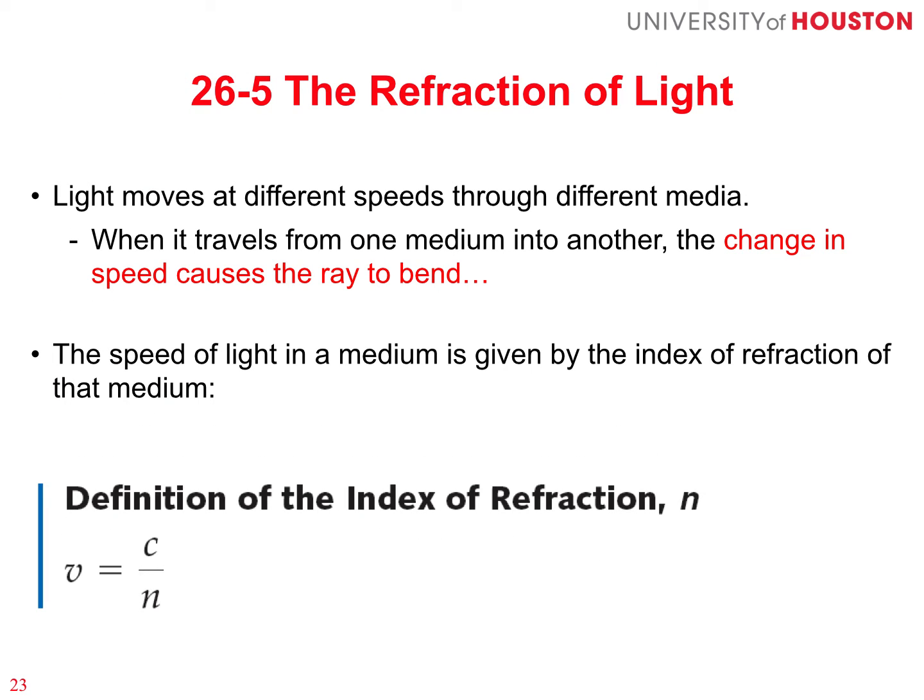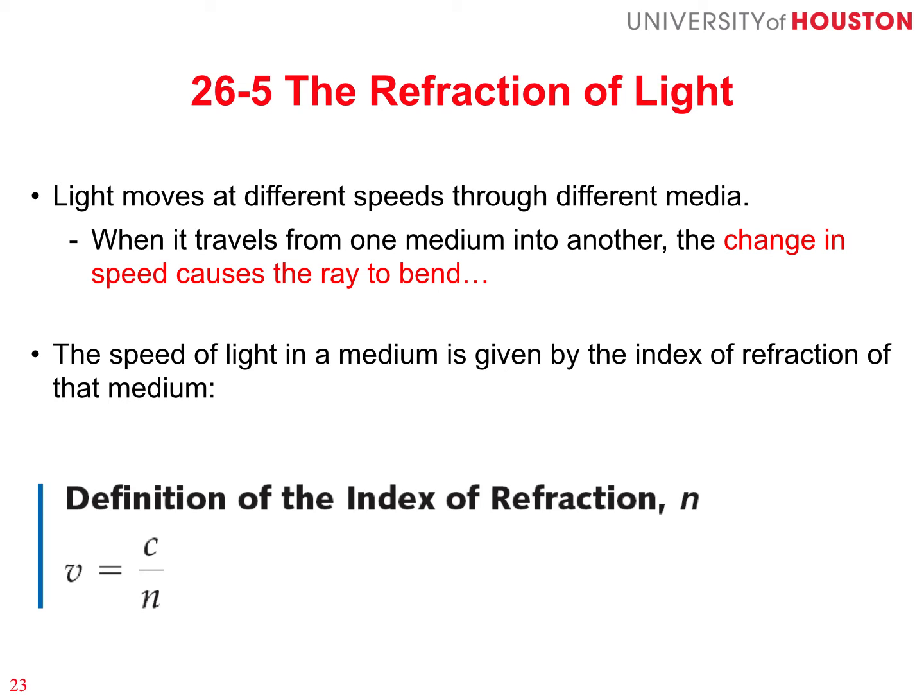Now we will discuss the refraction of light, which is essentially the bending of light when it moves from one media to another. It turns out that light itself will move at different speeds in different media, and as mentioned before, when this happens, it turns out that these differences in the speeds will cause the light to bend.